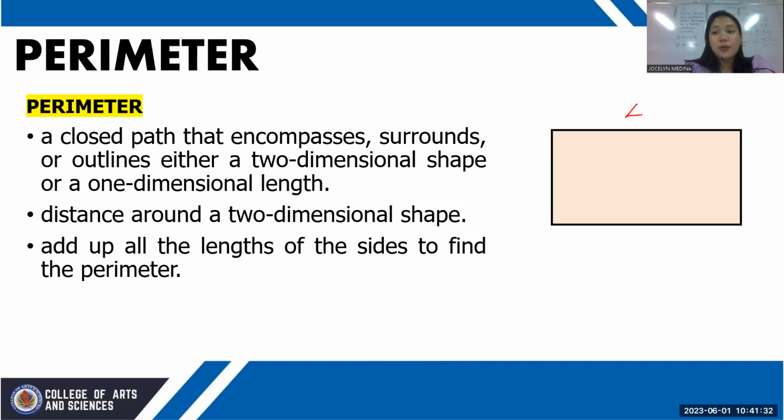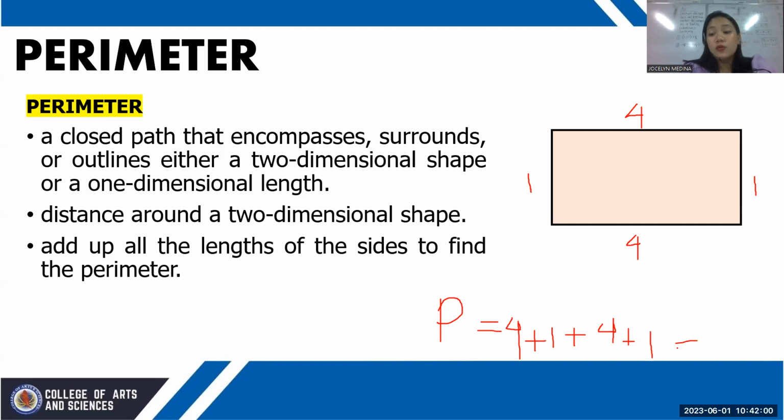If your measurement here is 4, and then dito naman is 1, dito naman is 1. Para makuha mo yung perimeter, ang gagawin mo lang is to simply add all the measurements around. So, i-add mo lang si 4, i-add mo si 1, i-add mo ulit si 4, and then i-add ulit si 1.